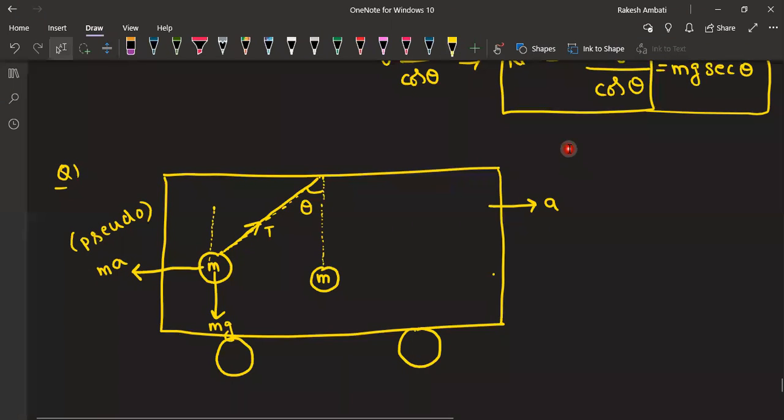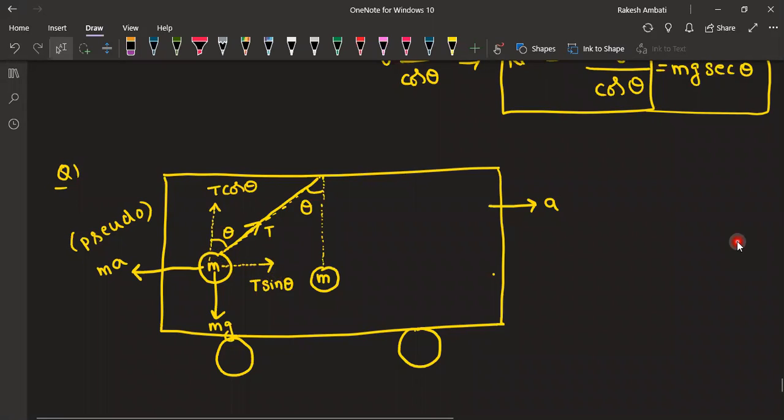If this angle is equal to theta, and this angle also equal to theta, then this component of tensional force is T cos theta, and this component is T sin theta. So these are the components of the tensional force T at angle theta.